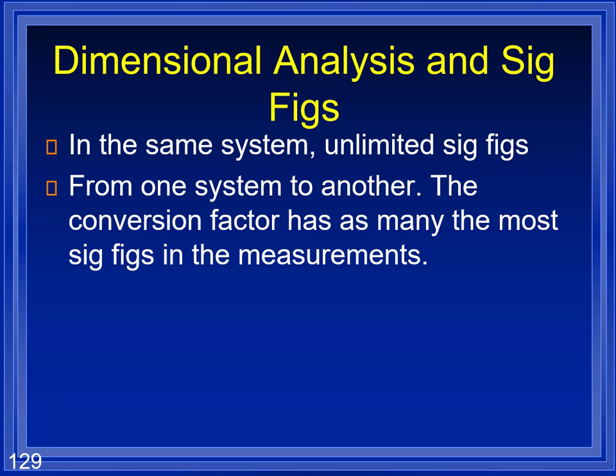But if I give you a conversion factor that has meters and feet, 2 different systems, the only way to figure out how many feet there are in a meter is to lay the rulers next to each other. And when I lay the rulers next to each other, I'm measuring. And when I'm measuring, I'm making an estimate.